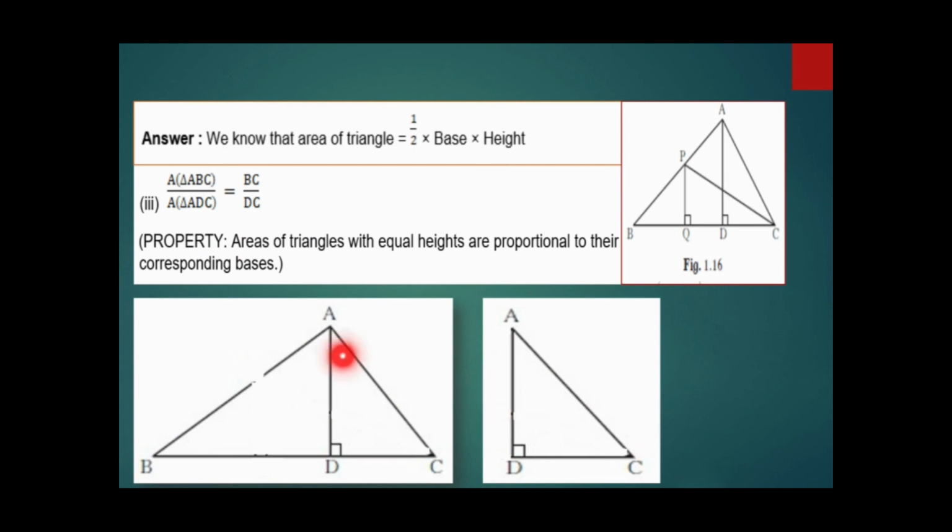So we use the property areas of triangles with equal heights are proportional to their corresponding bases. That means we have to find the ratio of bases only. So the base of triangle ABC is BC and base of triangle ADC is DC. So we write in answer as area of triangle ABC upon area of triangle ADC equals to BC upon DC.